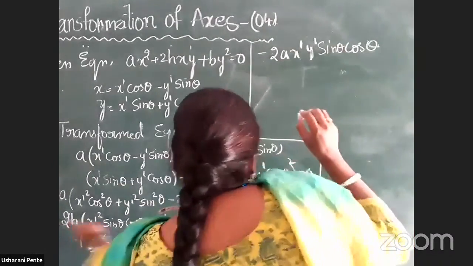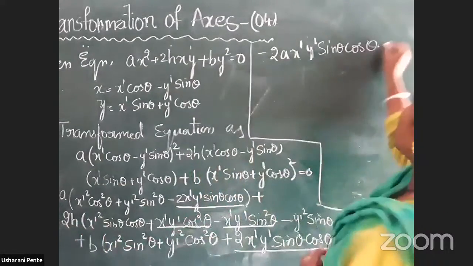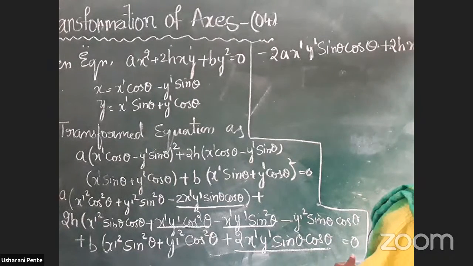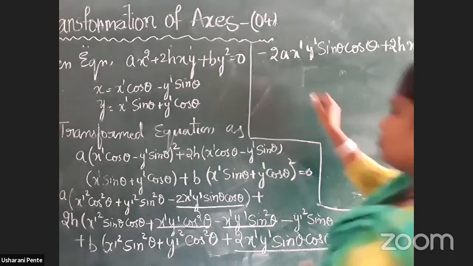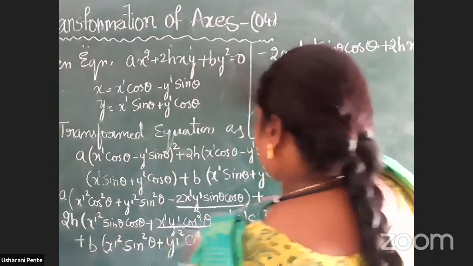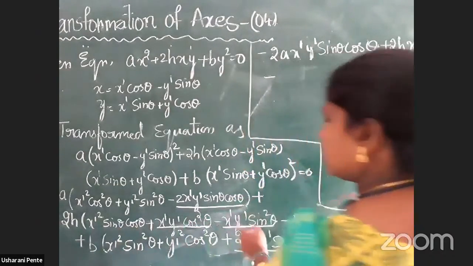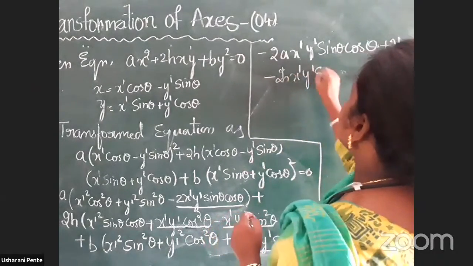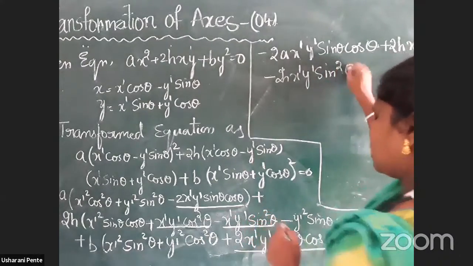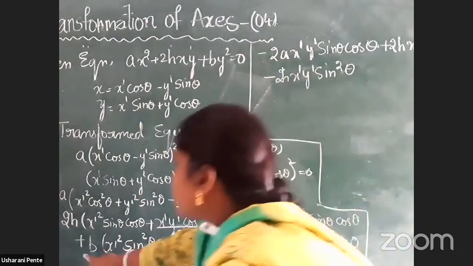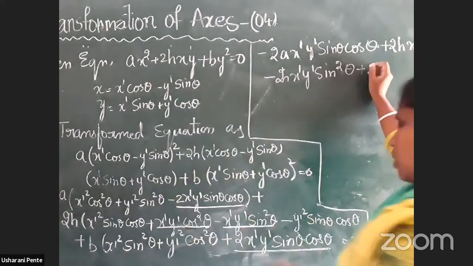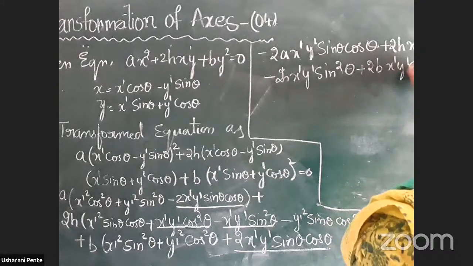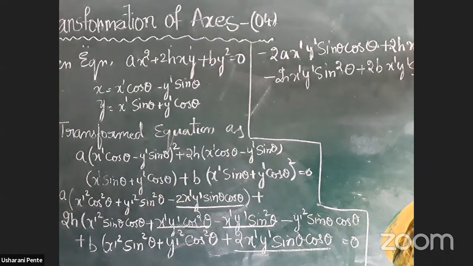The next one is plus 2h x dash y dash cos square theta, plus minus of plus is minus 2h x dash y dash sin square theta, and the other term is this one, that is plus 2b into x dash y dash into sin theta cos theta.